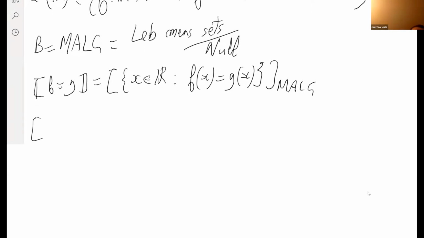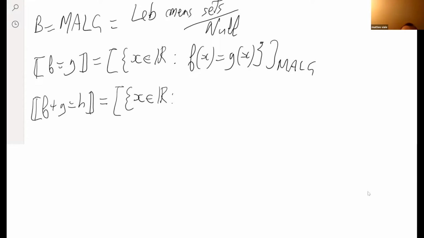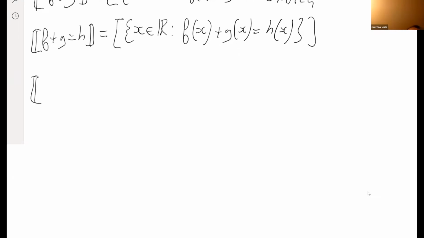And I can do this for any reasonable function or relation symbol. What matters is just that the operation or relation I'm considering has a measurable graph. In this case, I'm taking relations or functions which are even continuous, but I don't need to be so restrictive.